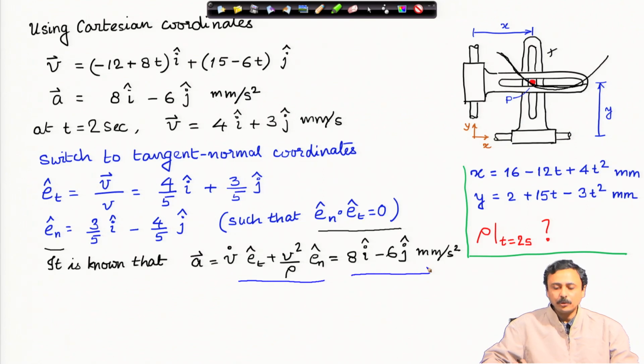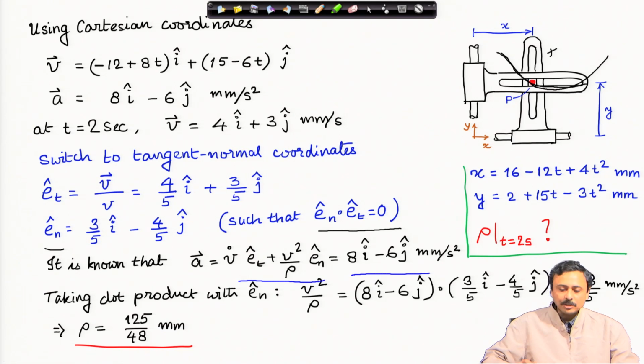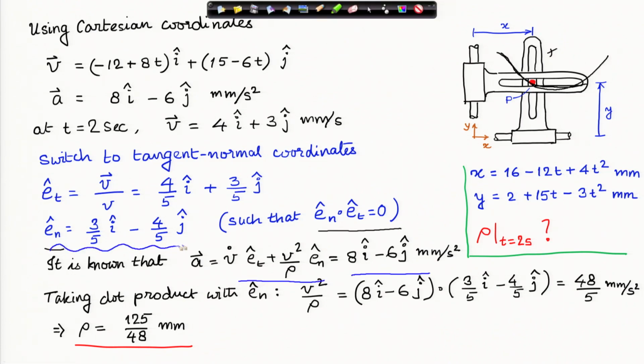Therefore, I have to now find rho from here. What do I do? I dot product both sides of this acceleration with e n cap. If I dot product the left hand side, I get v square by rho. On the right hand side, I know the representation of e n, so I use that representation and take the dot product, and that gives me 48 by 5 millimeters per second square.